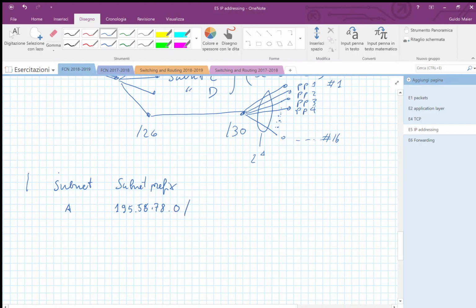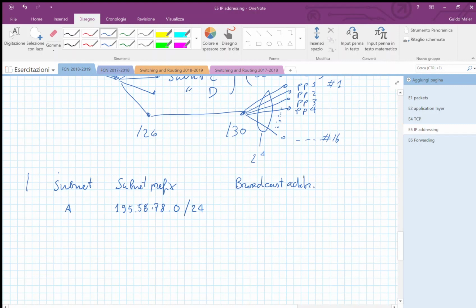But the block of the network is a /23. Here we have a /24. We can also add here the broadcast address.